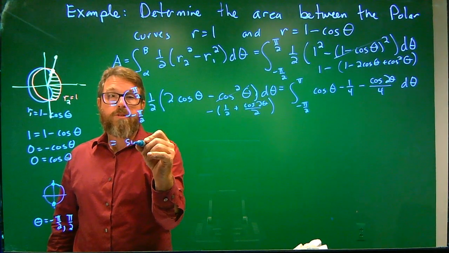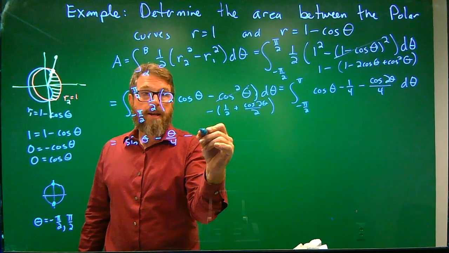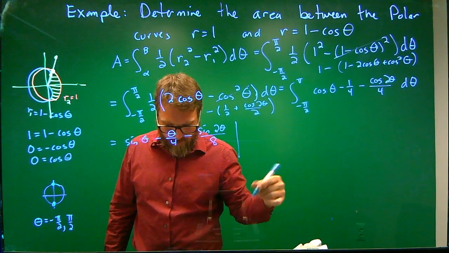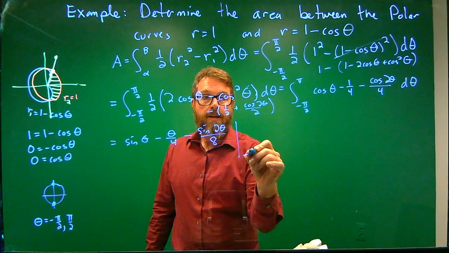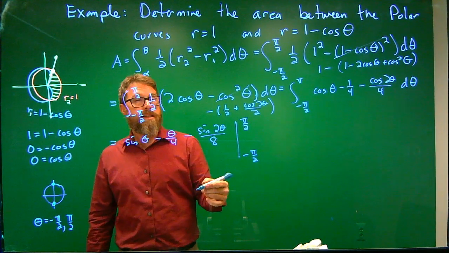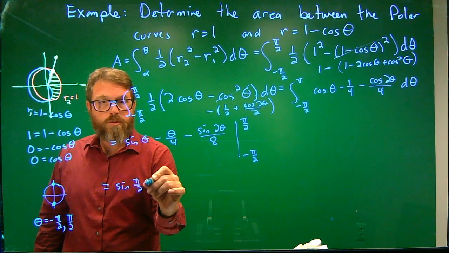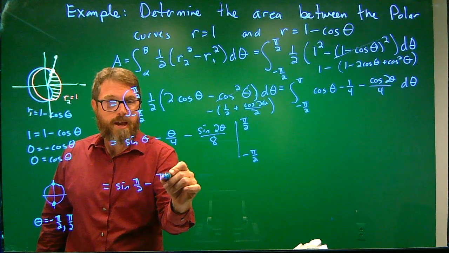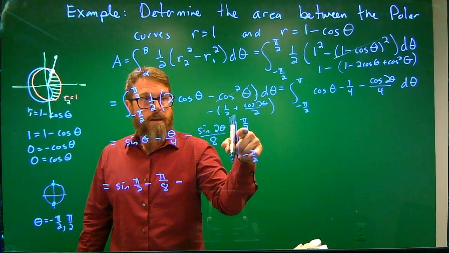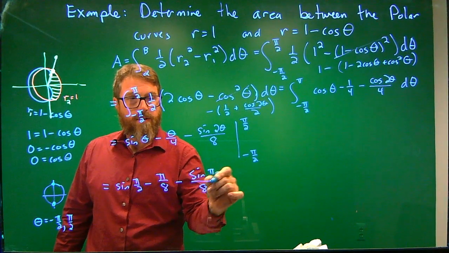So this is going to be equal to the sine of theta minus theta over 4 minus the sine of 2 theta all over 8, evaluated from minus pi over 2 to positive pi over 2. Evaluated at the top and bottom, this is going to be the sine of pi over 2 minus pi over 2 over 4, which is pi over 8, minus 2 times pi over 2, which is pi, so the sine of pi all divided by 8.